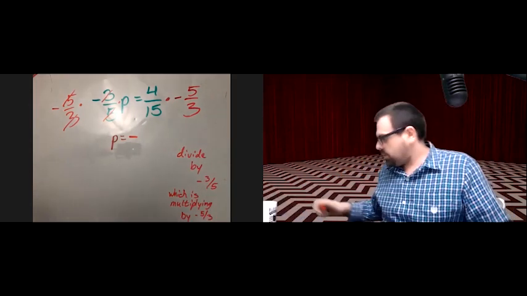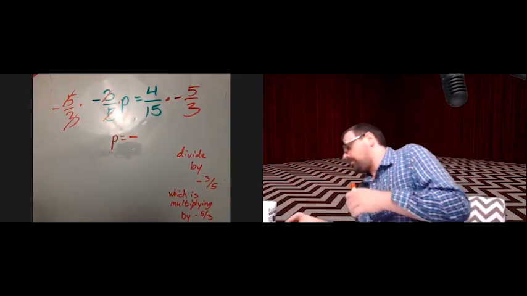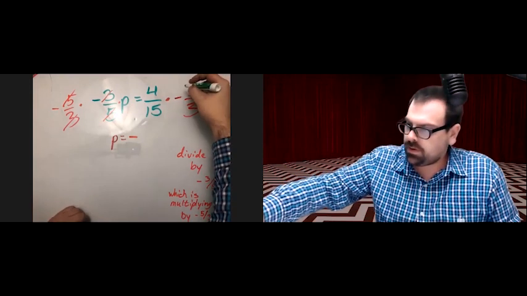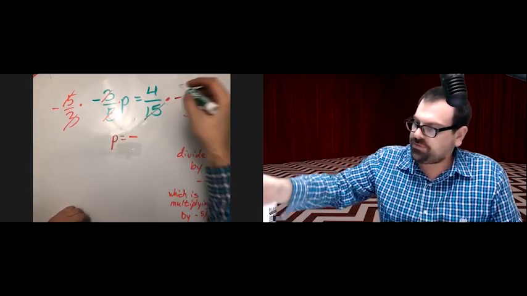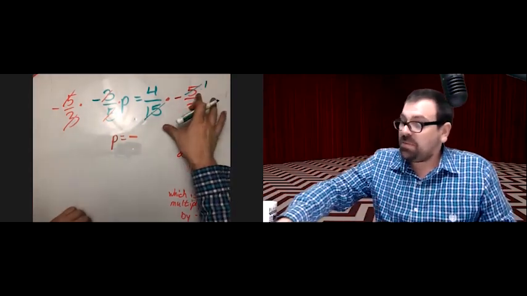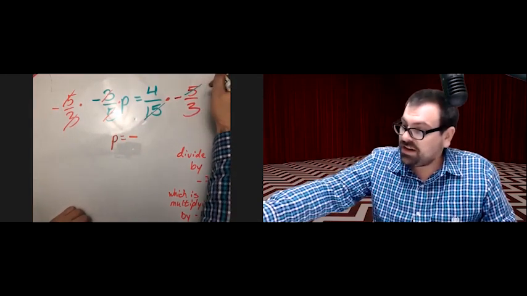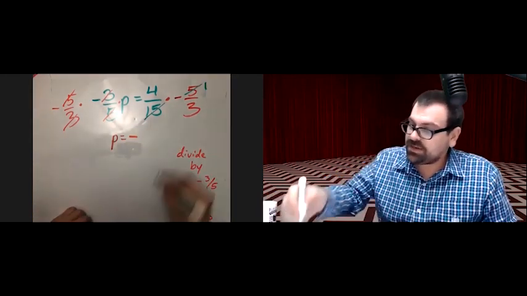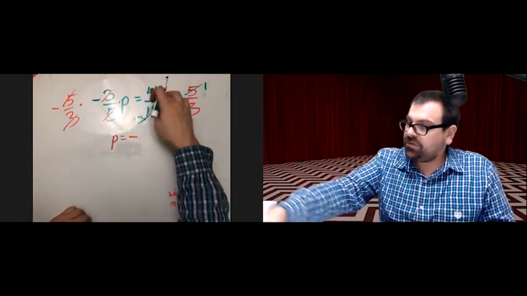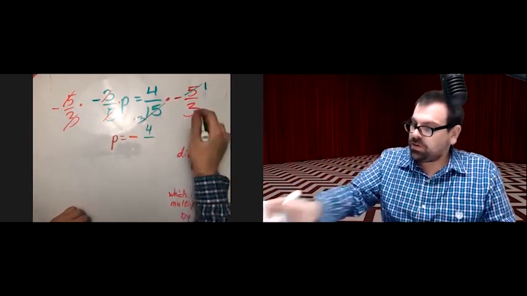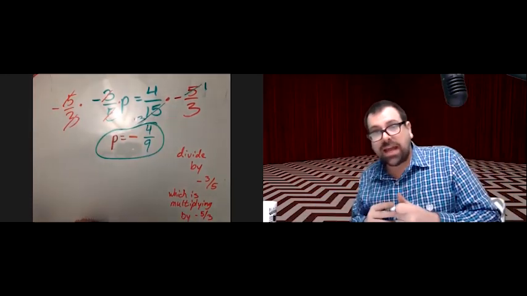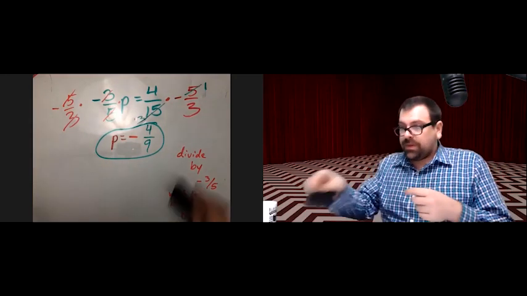If we cancel, 5 and 15 can both be divided by 5. 5 divided by 5 is 1. 15 divided by 5 is 3. Positive times negative is negative. 4 times 1 is 4. 3 times 3 is 9. p equals -4/9. Now that was canceling.